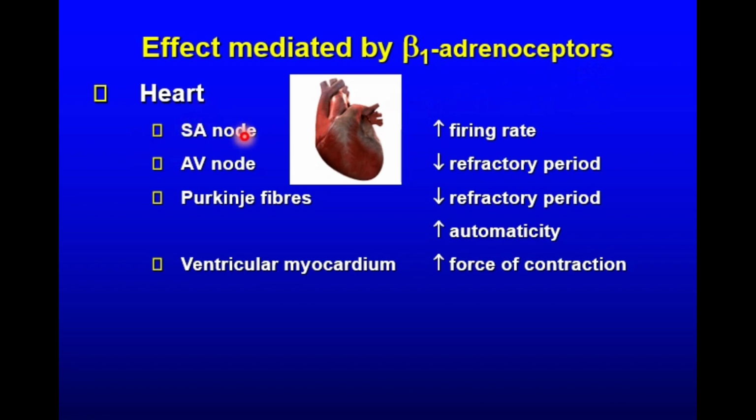Noradrenaline increases the discharge rate of the SA node and the heart rate rises, with increased firing rate. Noradrenaline also increases conduction through the AV node and its associated Purkinje fibers.